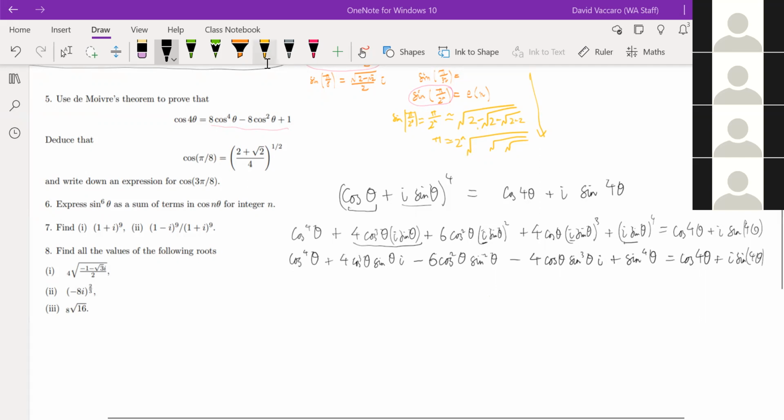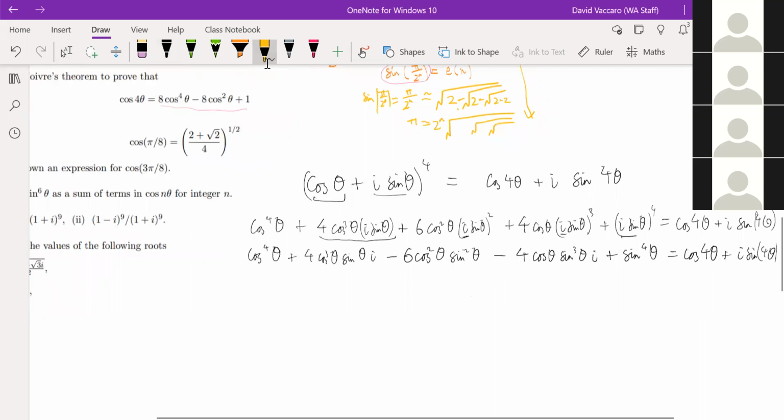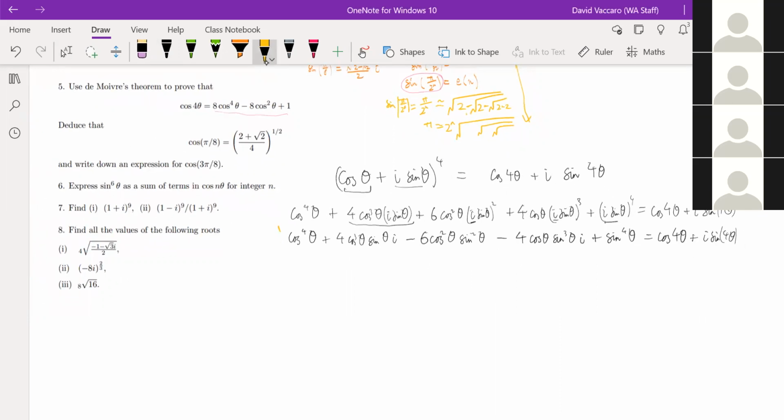Okay, so let's look at where we've reached with this de Moivre's theorem. The question is inviting us to get an expression for cos 4 theta. So using this expression here, what can I say that cos 4 theta is equal to?